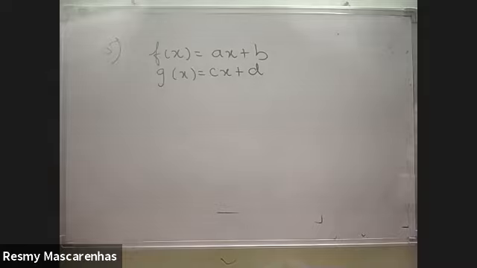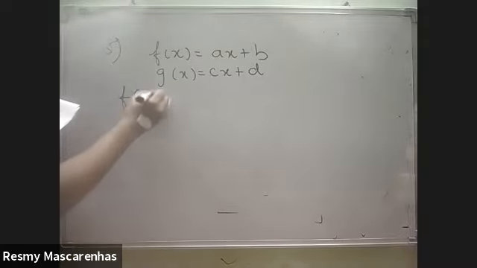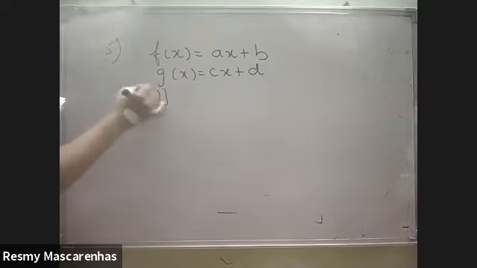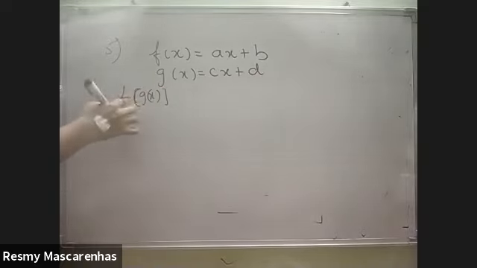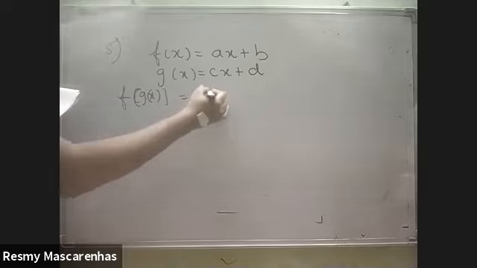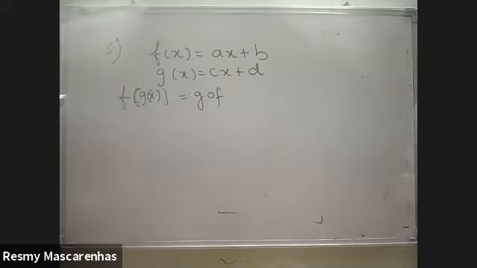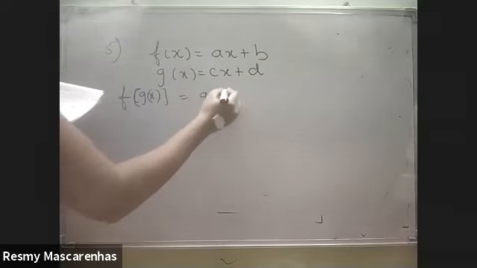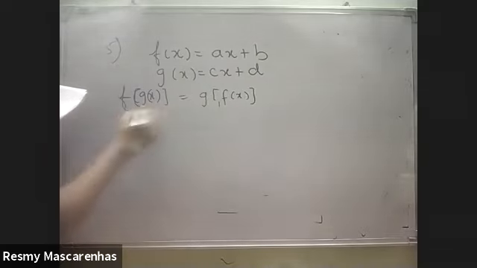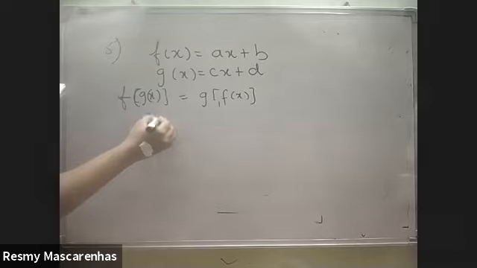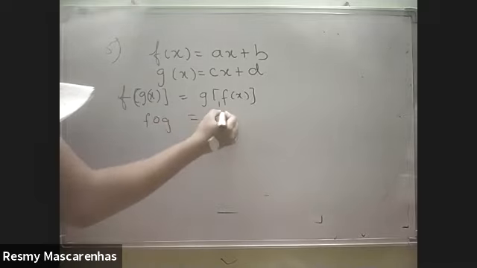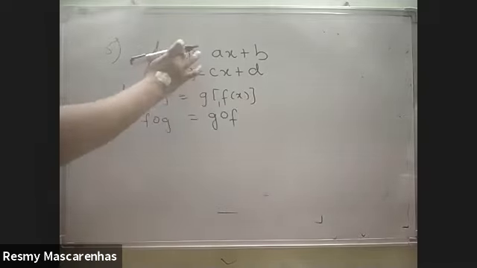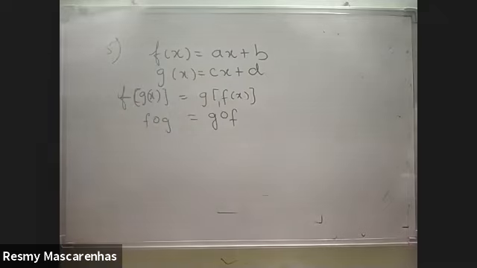Means what? In f, you have substituted g, which is the same as g of f. In g, you have substituted f. It also means f of g is equal to g of f. So first find f of g and g of f and equate both the answers.